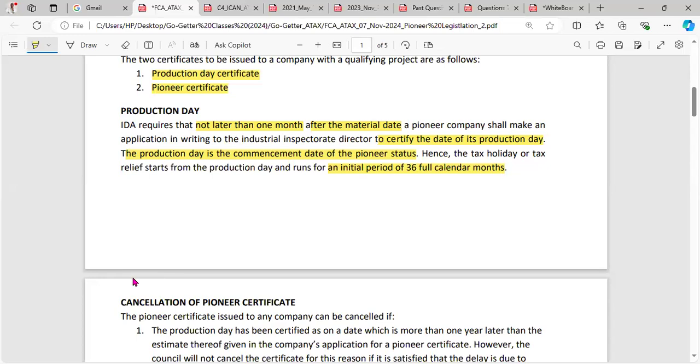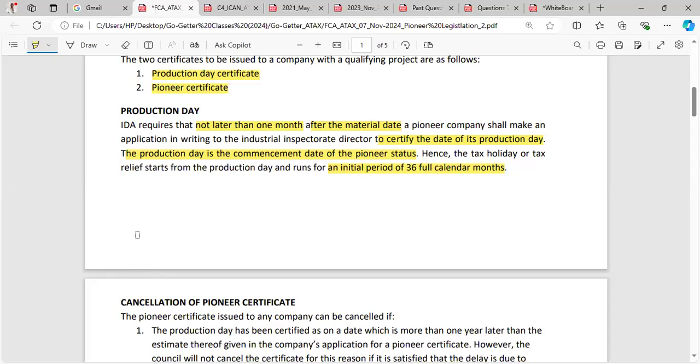If you look at Tax Pro Max, which is being used currently, in the tax profile of the company, if the company is a pioneer, they will say yes. You will see the production date, you will see the pioneer status. But if it is not a pioneer, and most companies I deal with are not pioneer companies, you will see that place saying no.